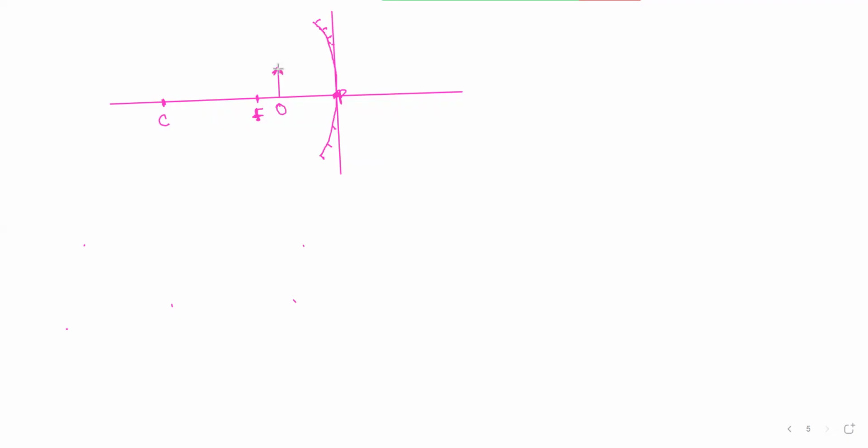A ray of light parallel to the principal axis after reflection must pass through F. So incident, this is the reflection.